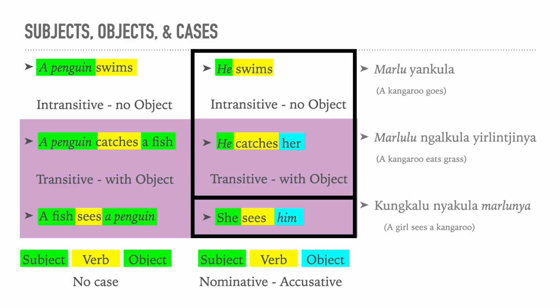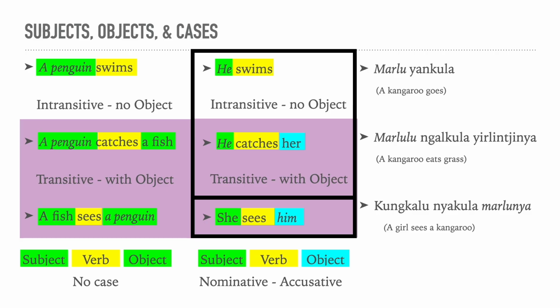If we look at these examples, which are in Nganatara, a language of Western Australia, we have Marlu Yankula, a kangaroo goes, Marlulu Ngalkula Yelenjinya. And the last example, Kunkalu Nyakula Marlunya.